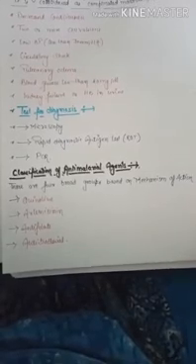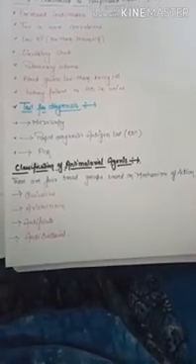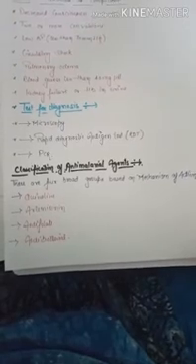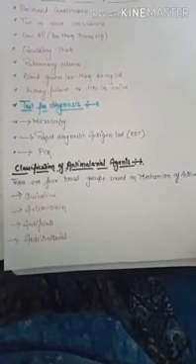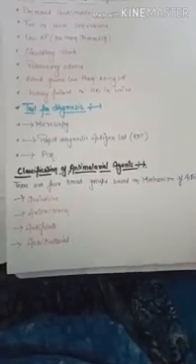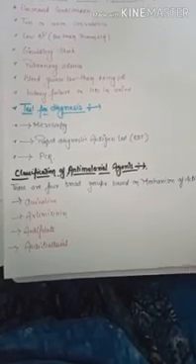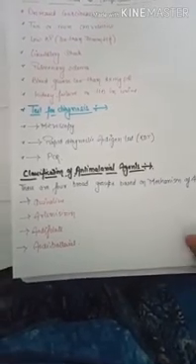Here we come to the classification of antimalarial agents, which is based upon the mechanism of action. The classification is quinoline, artemisinin, antifolate, and antibacterial.